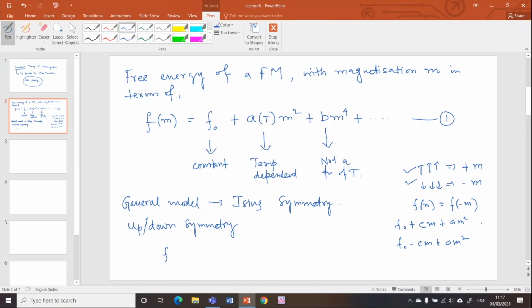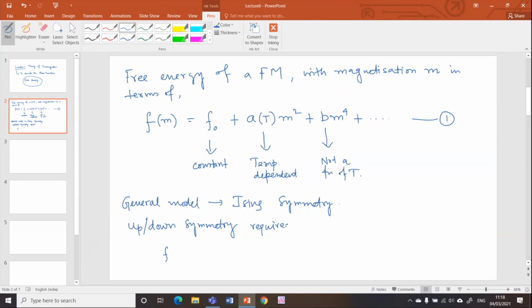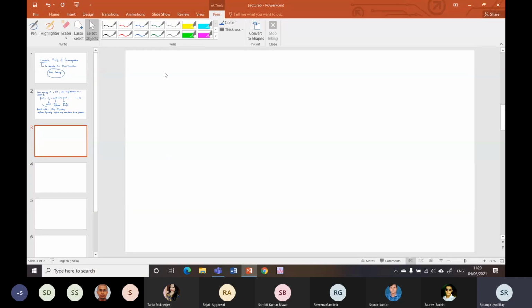So symmetry requires only even terms to be present. Okay, so I hope that part is clear. Okay, let us focus on our lecture.